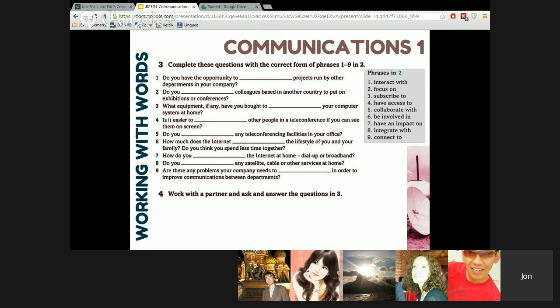I don't have the opportunity to be involved in a project because I am my own boss. Now I don't work in a company. Did you ever?